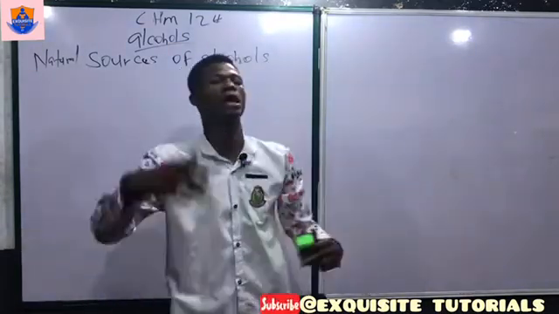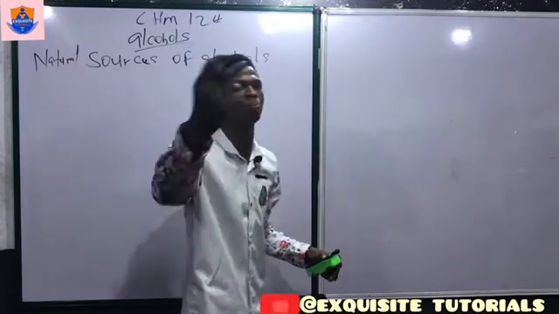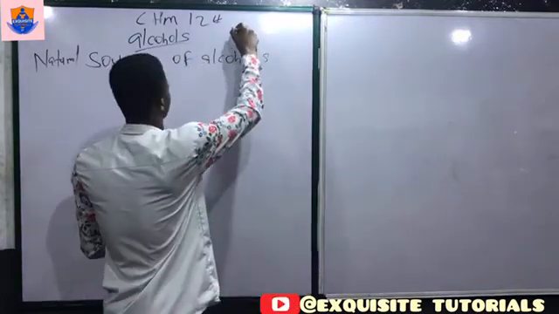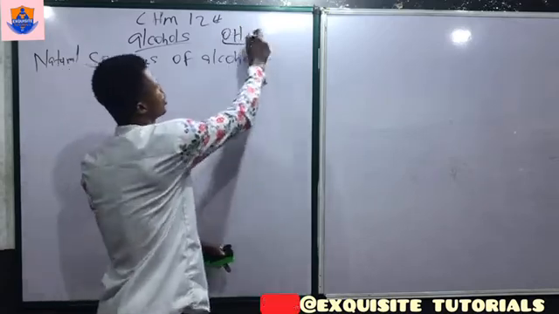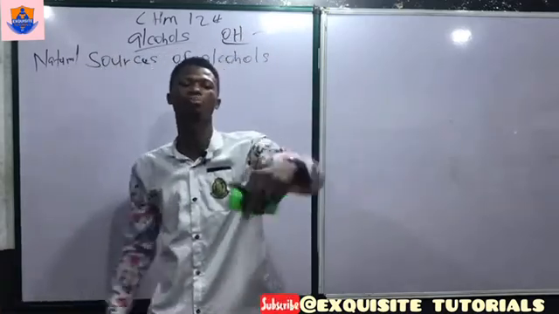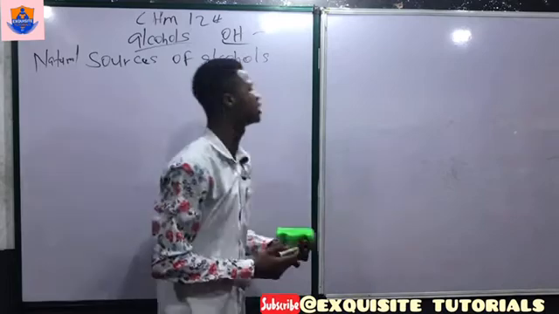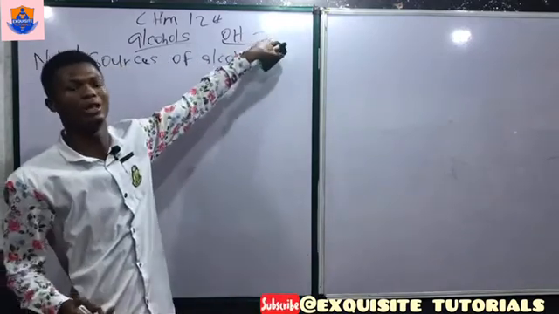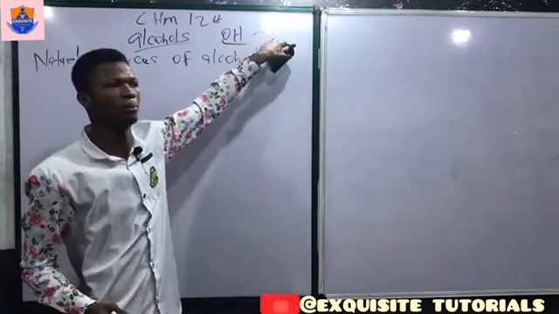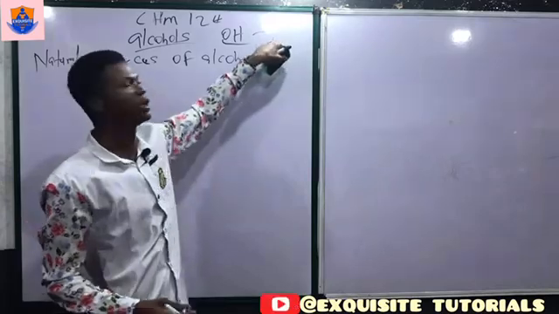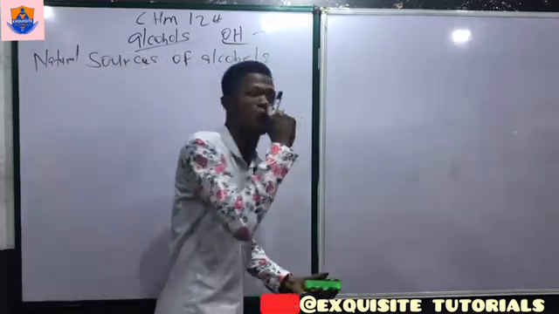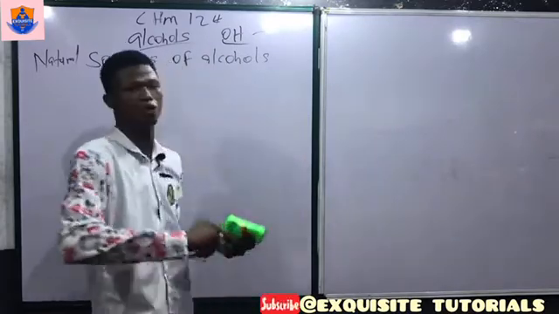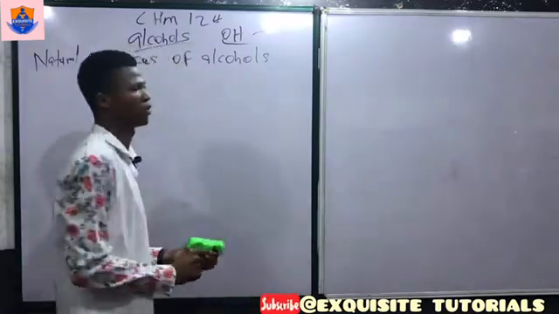The reason why alcohols are soluble in water is the presence of this hydroxy group, which is responsible for hydrogen bonding, which makes alcohol bond with water. You know, the bonding in water is hydrogen bonding. So this hydroxy group makes alcohol soluble in water.